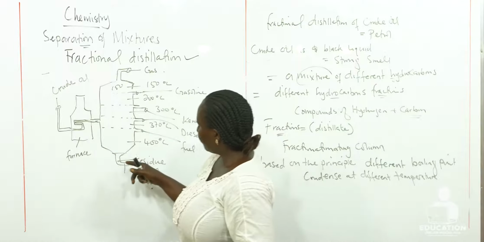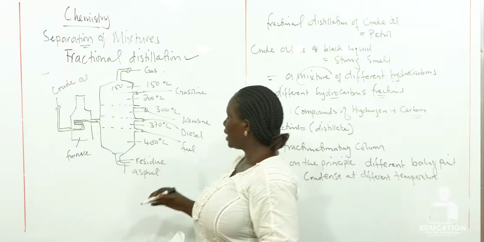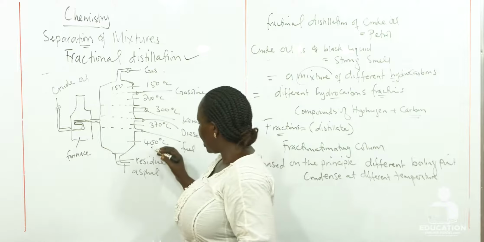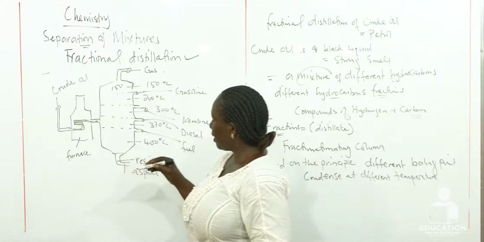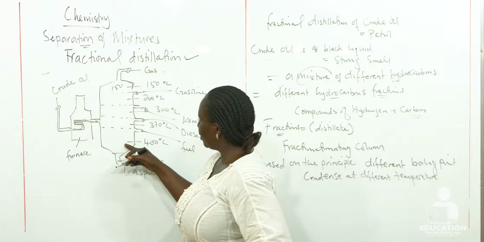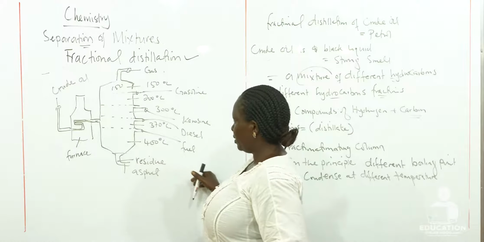Then we have components that have a large number of carbon atoms in their hydrocarbons. They will be at the bottom because they need a high boiling point.